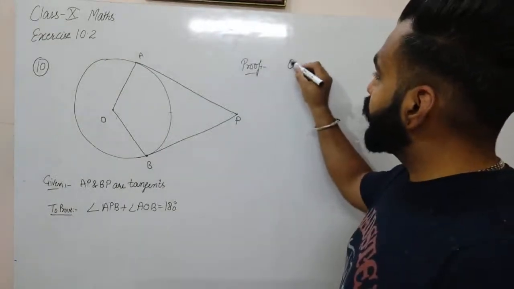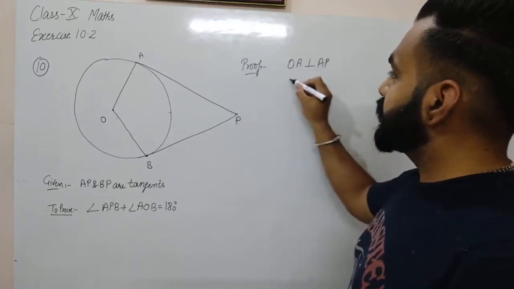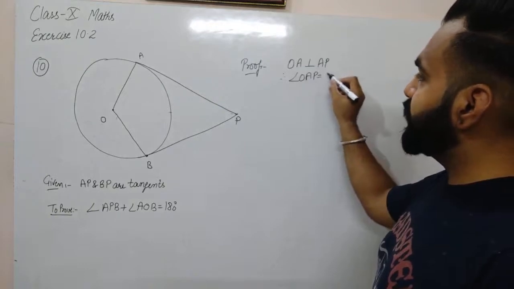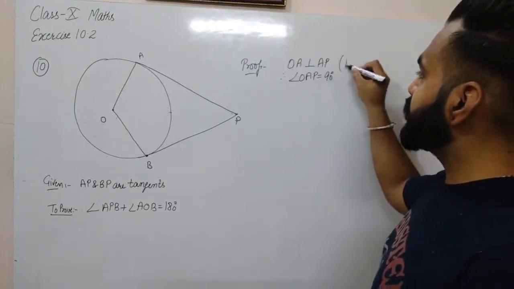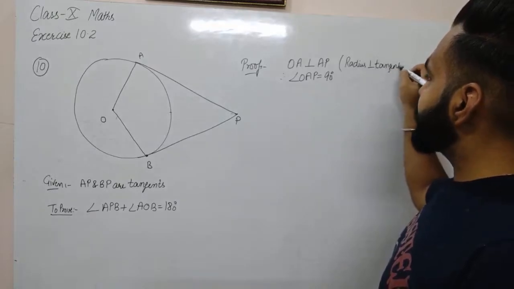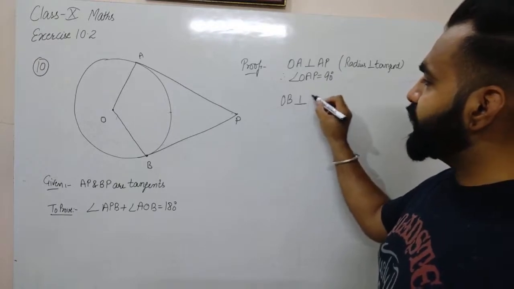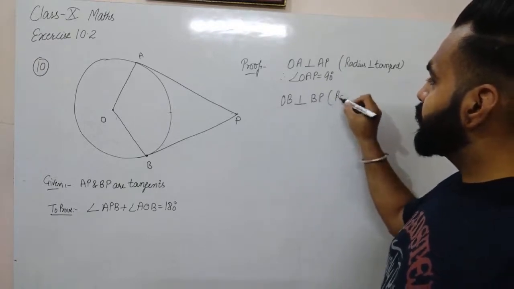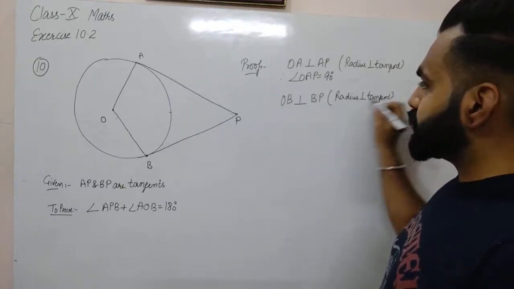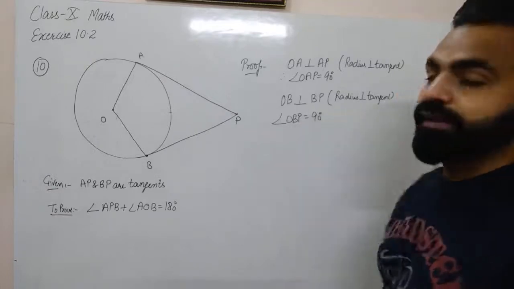So OA will be perpendicular to AP. That means angle OAP will be equal to 90 degrees because radius is perpendicular to tangent. Similarly, OB will be perpendicular to BP because radius is perpendicular to tangent, and angle OBP is equal to 90 degrees.